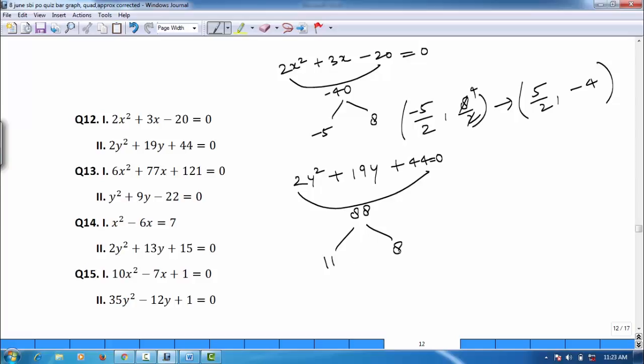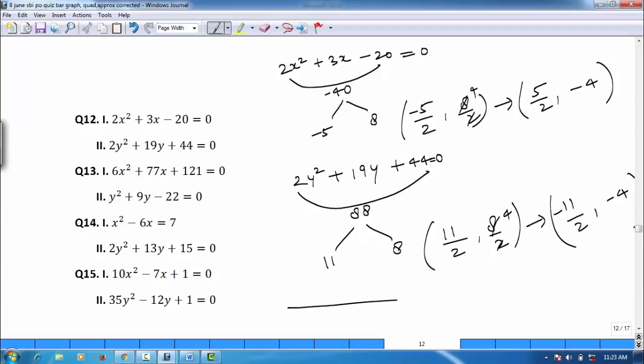On adding 11 and 8 we'll get plus 19, and on multiplying them both we'll get 88. Now we will divide it by the coefficient of y square, that is 2. So we'll get the values as 11 by 2 and 8 by 2. And on changing the signs we will get the required roots as minus 11 by 2 and minus 4.